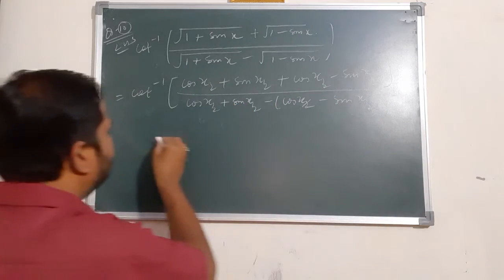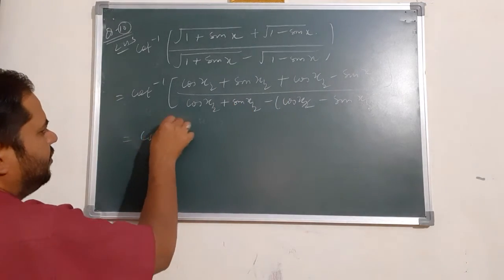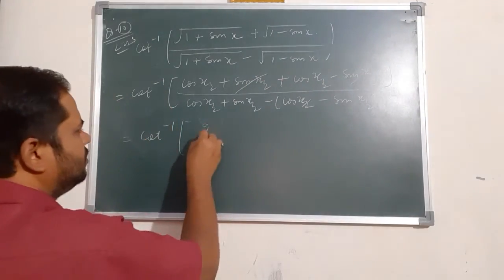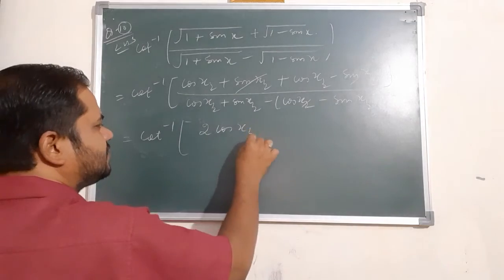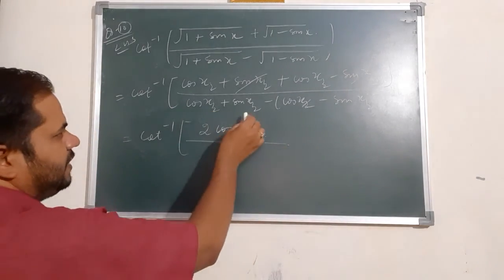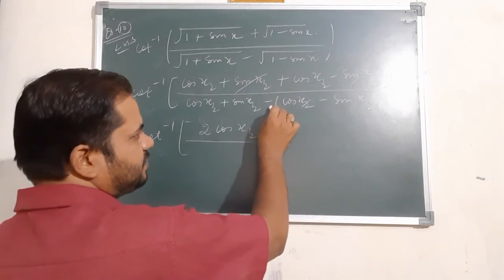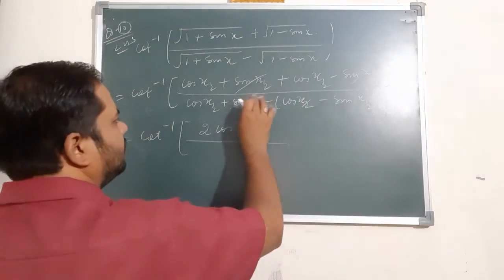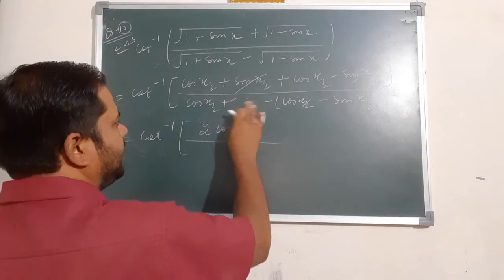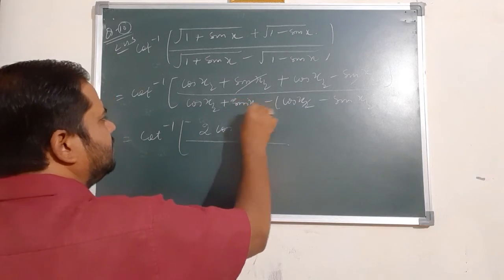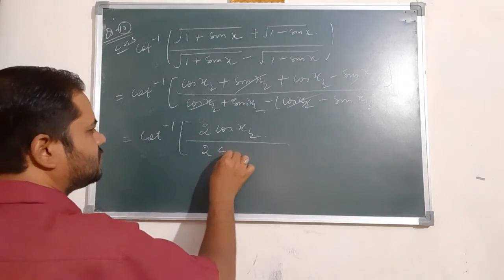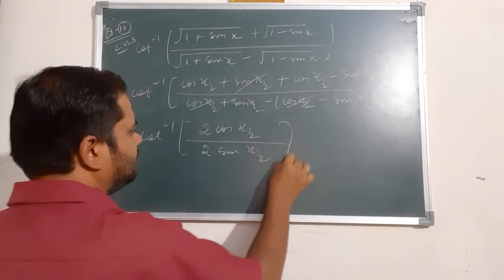And if we expand it, this is cot inverse of, sin x by 2 cancelled out, 2 cos x by 2, divided by, if we expand this, sin x by 2 is positive and this is negative. So sin x by 2 remains here, but cos x by 2 is cancelled out. So this is 2 sin x by 2.